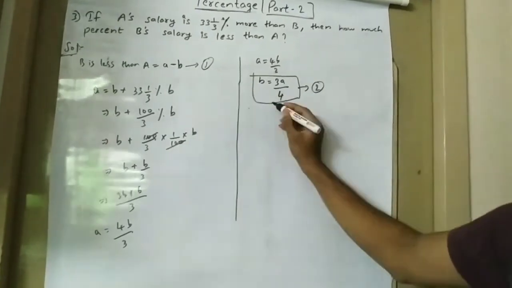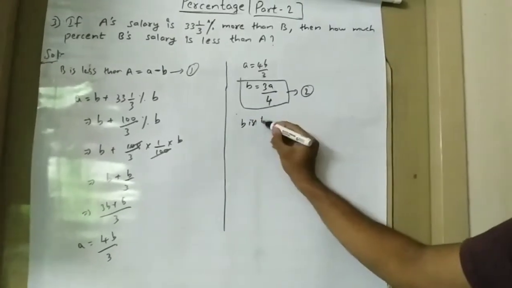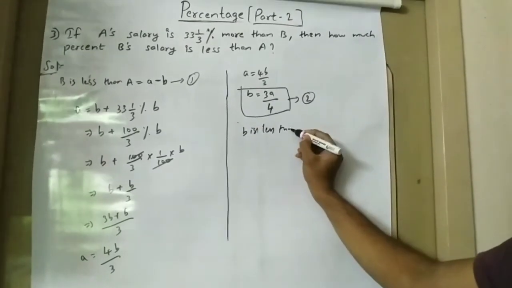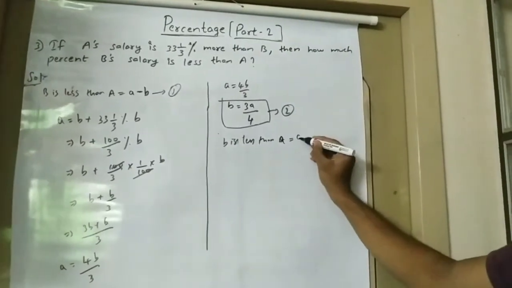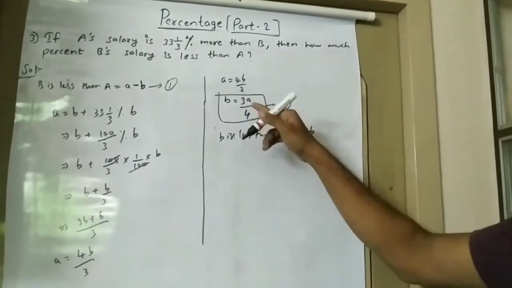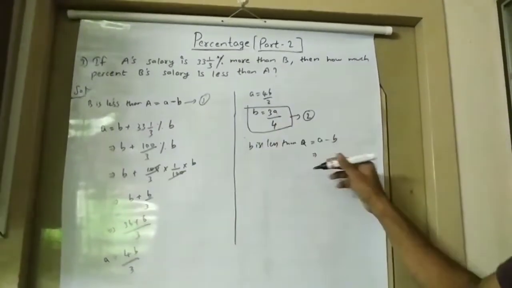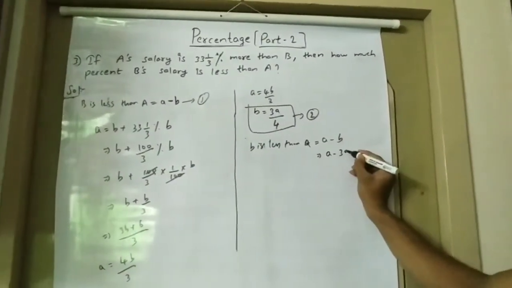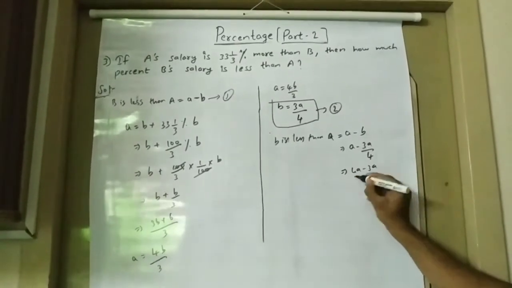So let this be equation 2 and the earlier one be equation 1. In equation 1 we got B less than A is equal to A minus B. Substitute equation 2 in equation 1, that is B means 3A by 4, so A minus 3A by 4 is equal to 4A minus 3A by 4.